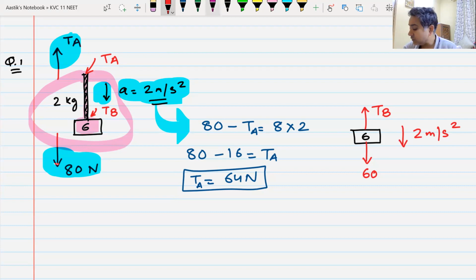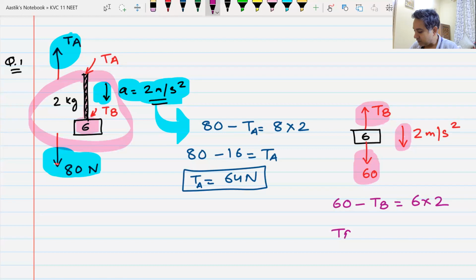No one knows this? Okay. This is upwards, this is downwards, and this is downwards. So what is the equation? Acceleration is downwards, so downwards minus upwards is equal to M into A. So from there you can get tension at point B, 60 minus 12, that is 48 newtons.